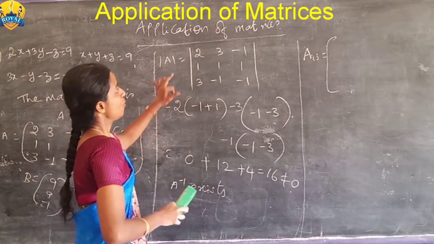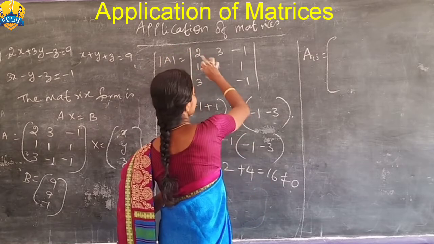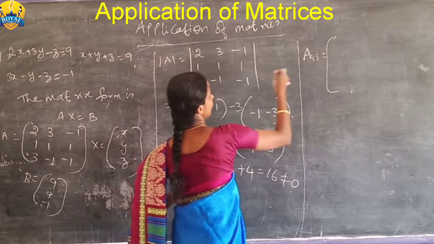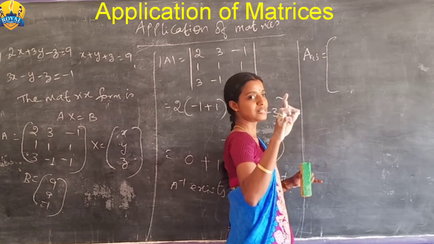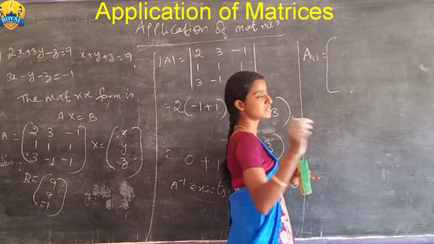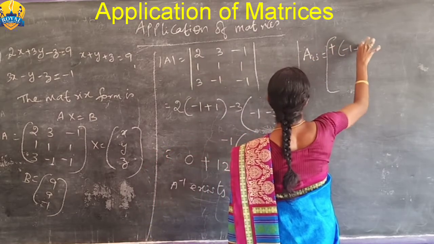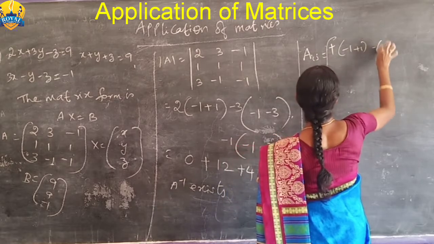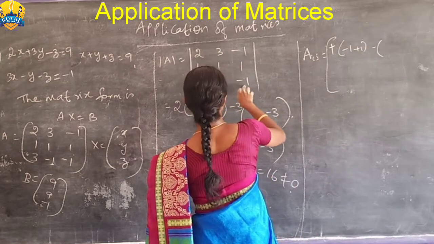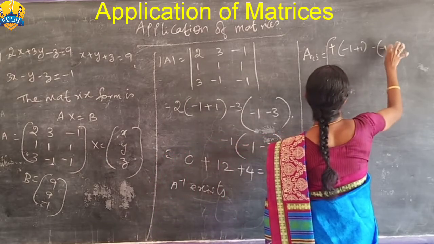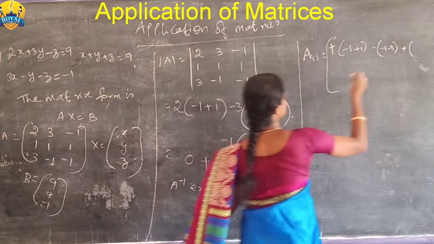Now let me take the first element, deleting the corresponding row and the corresponding column. I have positions plus, minus, plus, minus, plus, minus, plus, minus, plus. First is positive. Now here minus 1 plus 1. Now minus of this, deleting this row and this column, minus 1 minus 3. Now here plus, minus 1 minus 3.